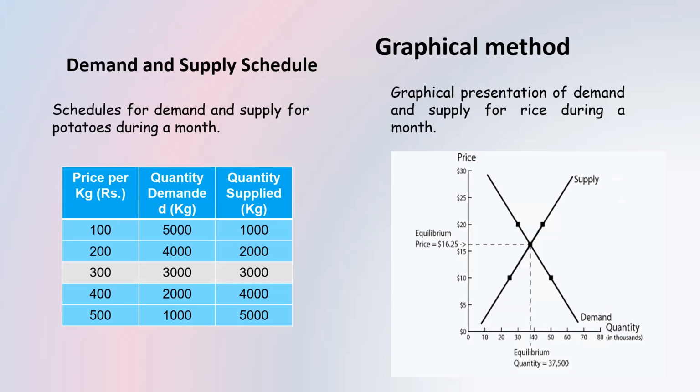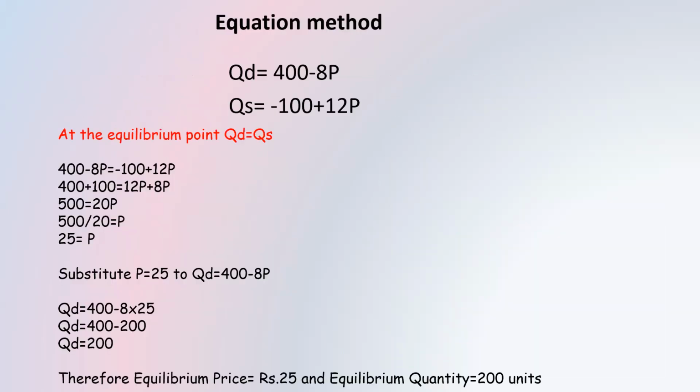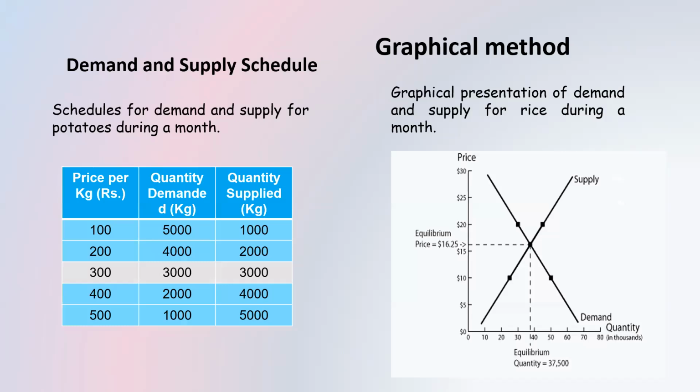I'm just refreshing, because we have to move some calculations here that you can see. How can we show the equilibrium by using the schedule, the graphical method and the equation?